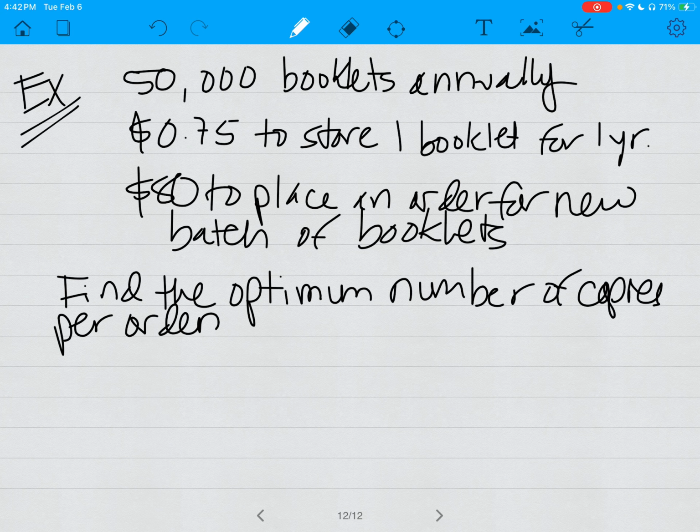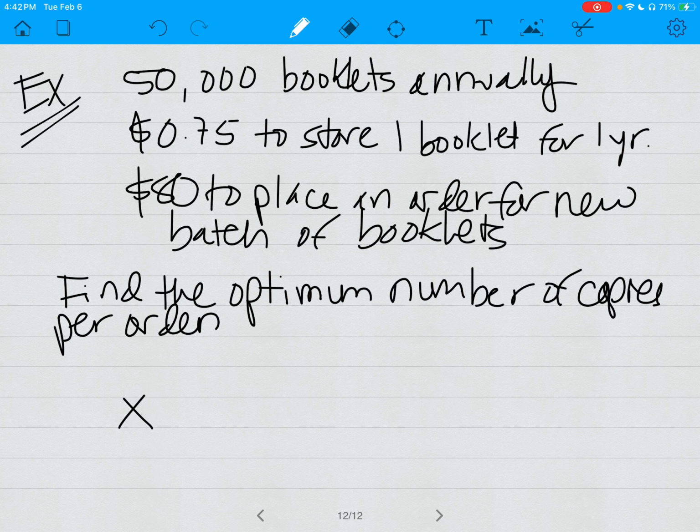Again, the assumption that we're making here for economic lot size to work as a concept is that the optimum number of copies per order is the number of copies per order that produces the lowest total cost, right? So if we go back to that formula, x is the thing that we're solving for, right? The number of batches to be manufactured annually.